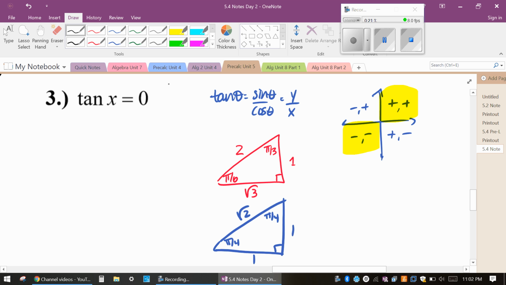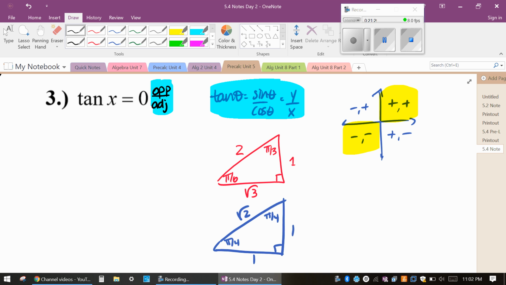Well, tangent is opposite over adjacent. Remember, we learned tangent two different ways. We learned it as sine over cosine, but also as opposite over adjacent.